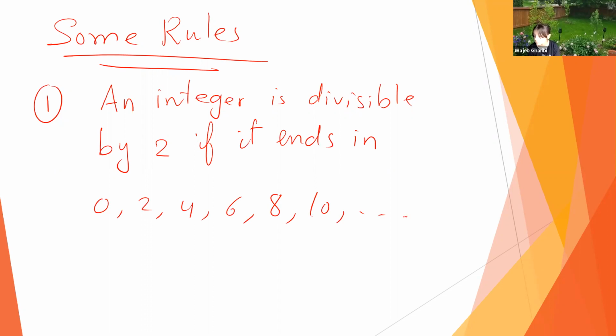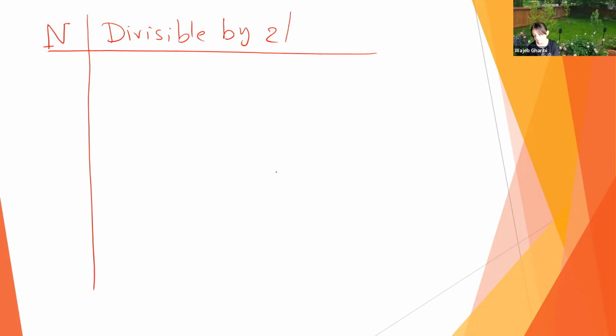Let me give an example. We write here a number, or write n. N means number, and here divisible by 2, and here why. Let us take 320.